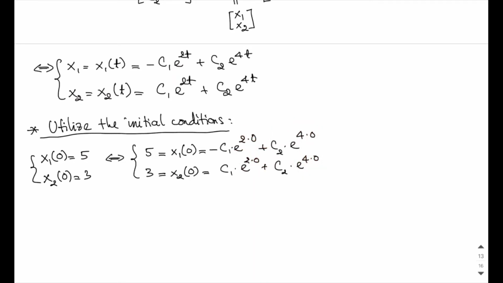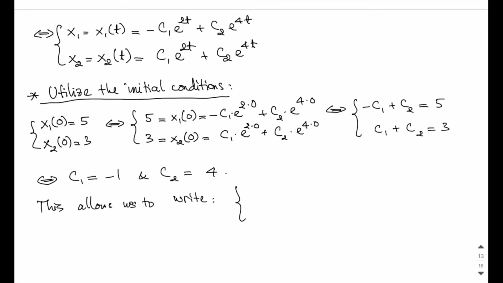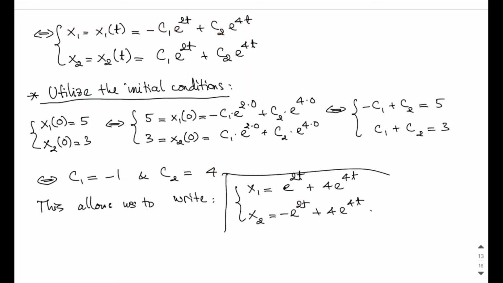So this ends up being a system of linear equations of two unknowns C1 and C2. And so you can easily solve for C1 and C2. So C1 is -1 and C2 is going to be 4. Now, from this equation, you can just substitute C1 and C2 as the values here. So you are going to have, and this is the final answer.